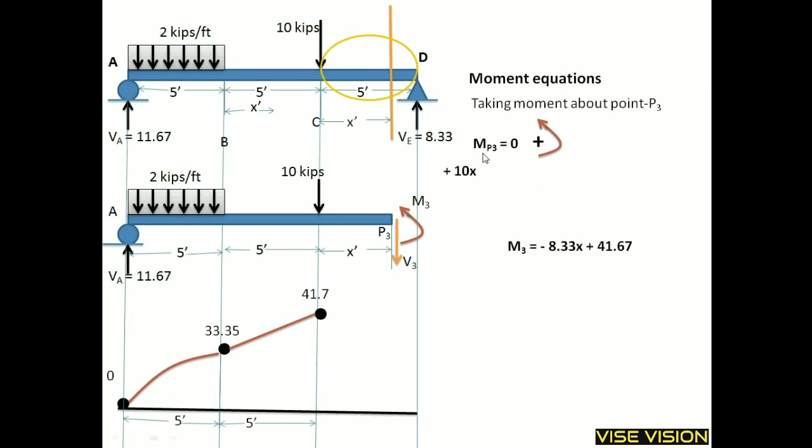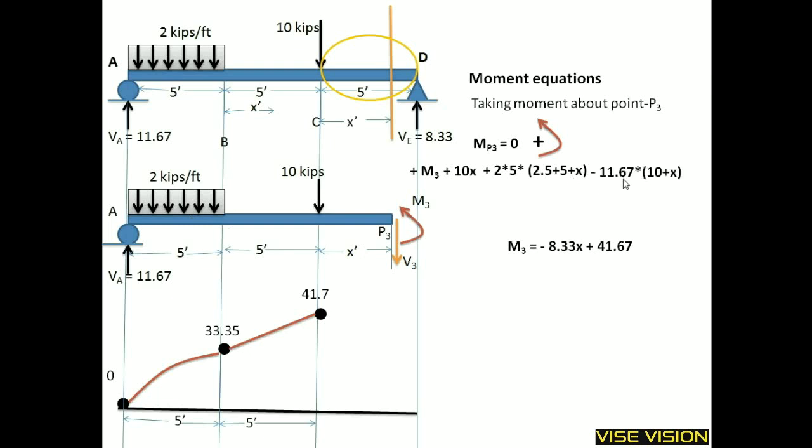Similarly, taking moment about P3. But now this is my M3, counterclockwise moment taken as positive, and this is my 10x. This 10 is the concentrated load and x is the moment arm, creating a counterclockwise moment about point P3. We are taking moment about point P3, and this is the UDL value, the force, and this is the moment arm: half of this, 5 plus 5 plus x is the moment arm.